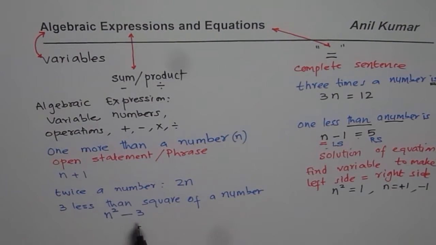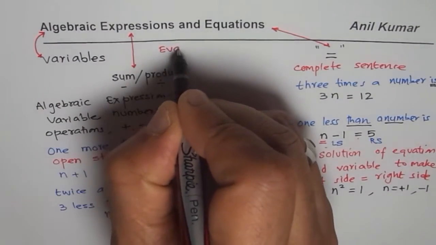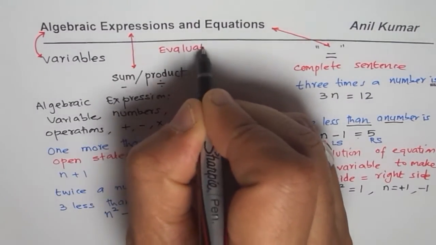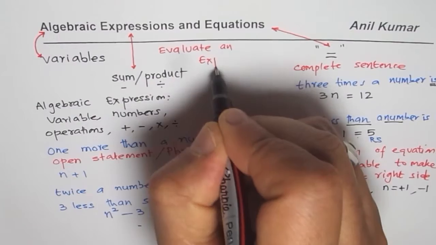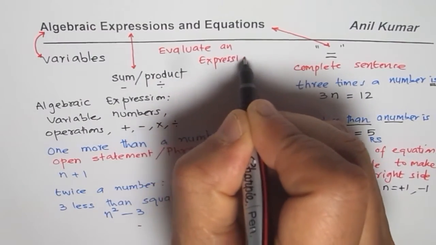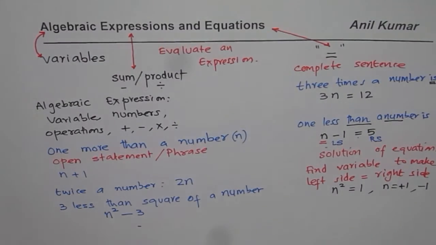In the case of expressions, we will use the term evaluate. So we'll say evaluate an expression. Now when we say evaluate an expression, at that time we'll give you some values.